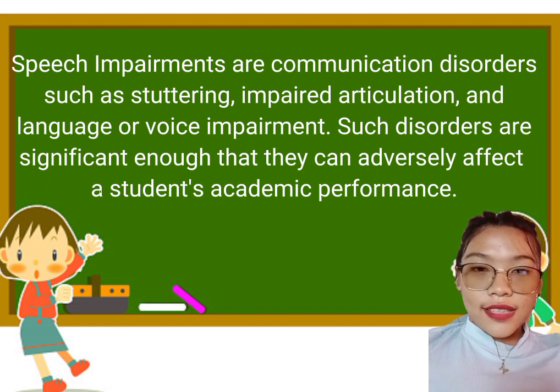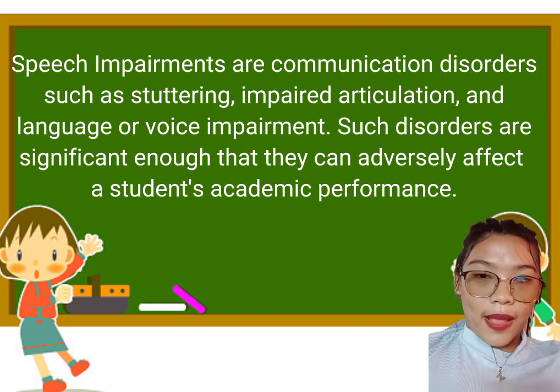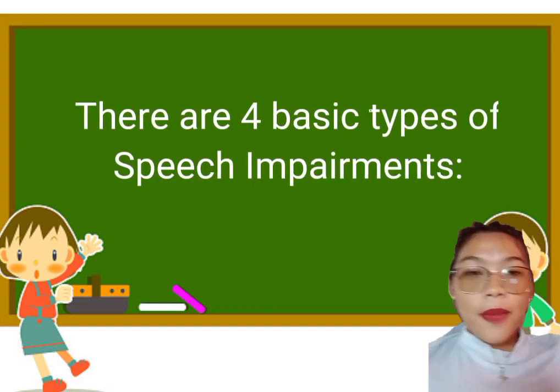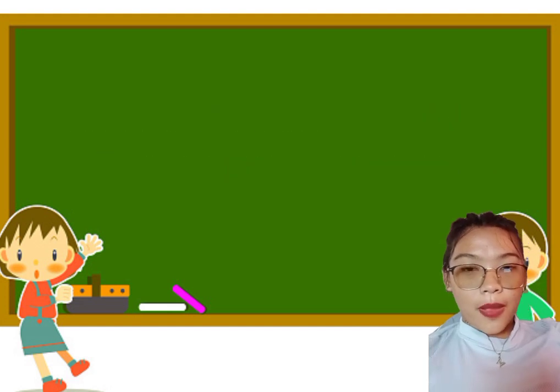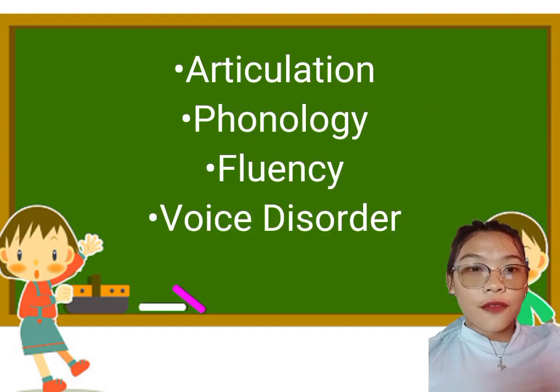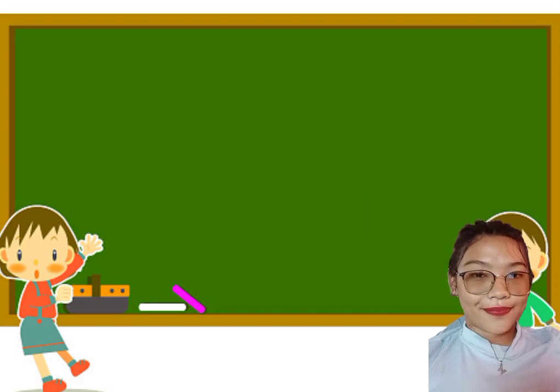Such disorders are significant enough that they can adversely affect a student's academic performance. There are 4 basic types of speech impairments: articulation, phonological, fluency, and voice disorder.